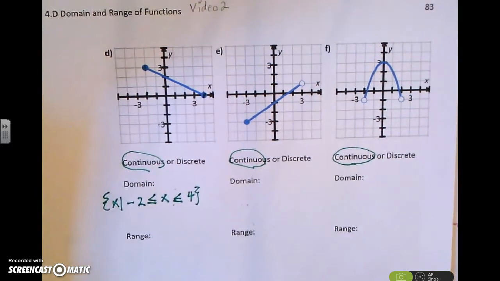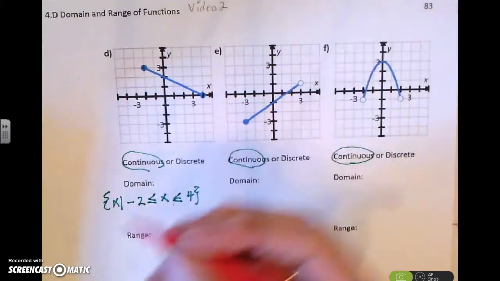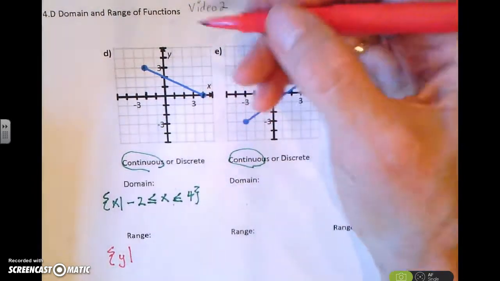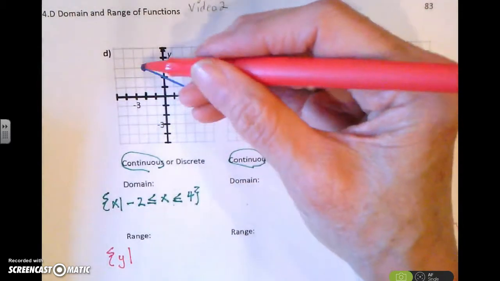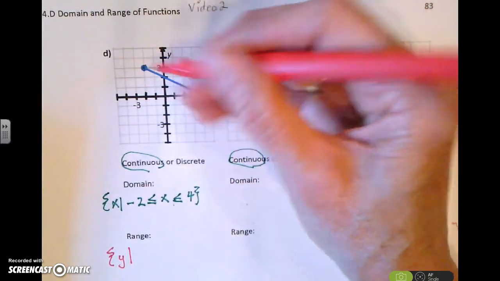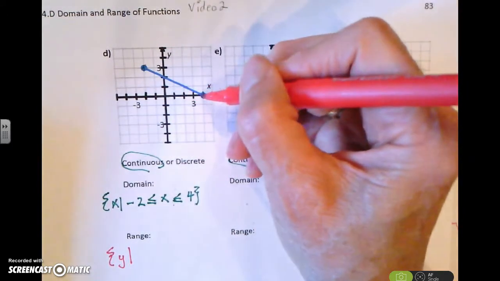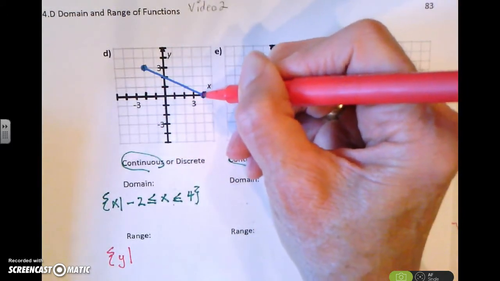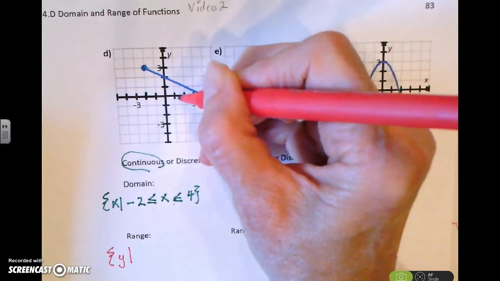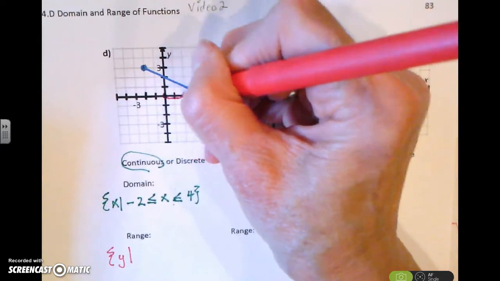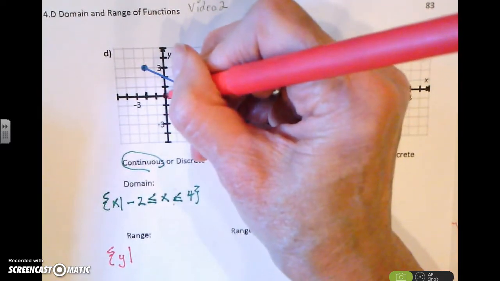Then we do our y values to look for the range. We're going to go from the bottom to the top. So here, we'll have y such that, and that gets a little bit tougher because you like to think left to right, but it's got to be bottom to top. So as we plotted the points, the lowest point plotted is this one, and it has a y value of 0.